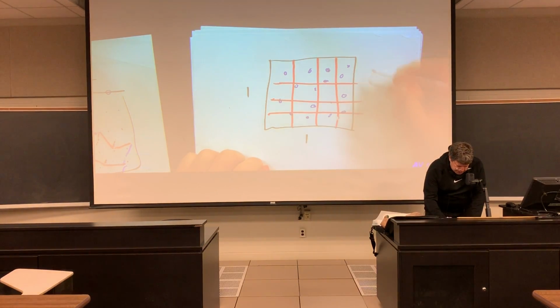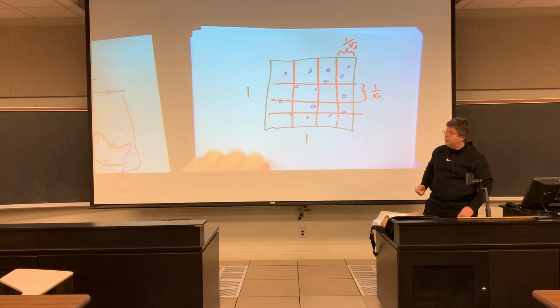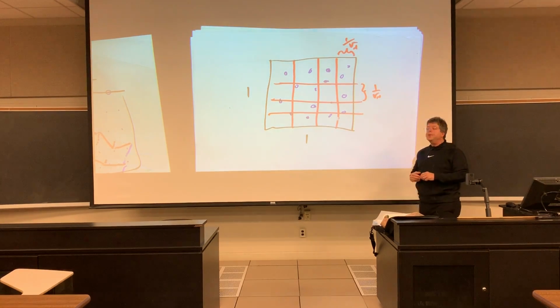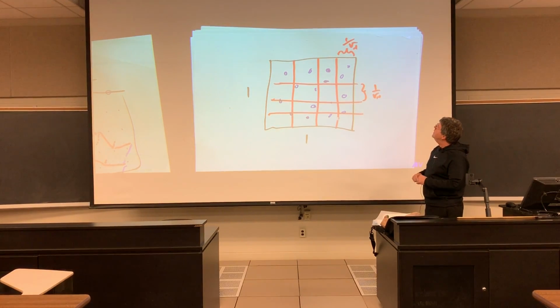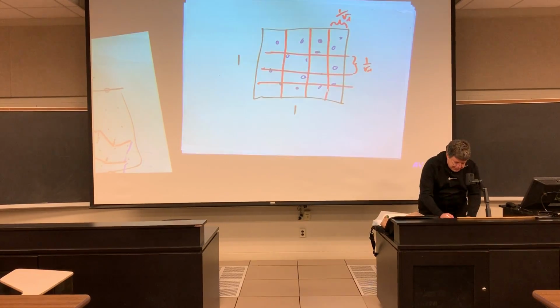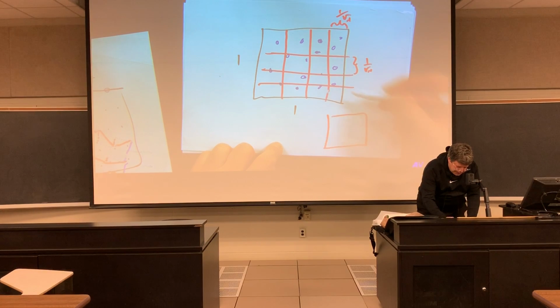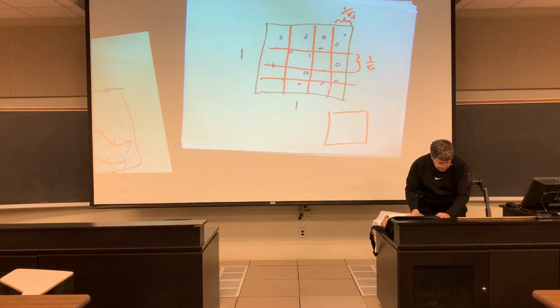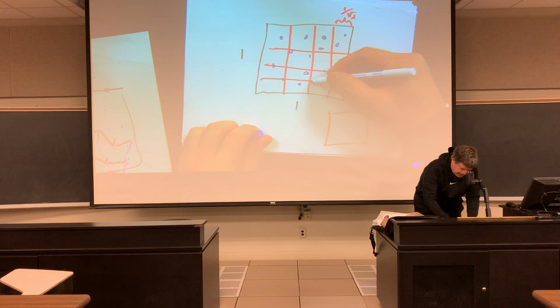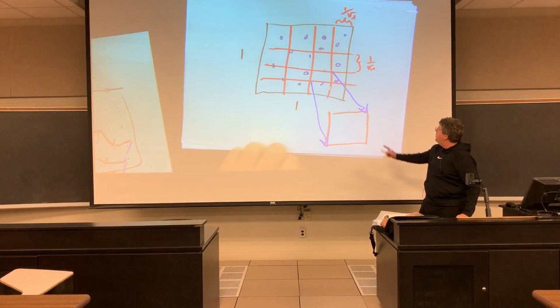So these are equally spaced. So each square is 1 over square root of n by 1 over square root of n. So they're equally spaced squares, like a checkerboard. And what we're going to do is focus on one of these squares. So one of these squares is just, I'm blowing it up down here.